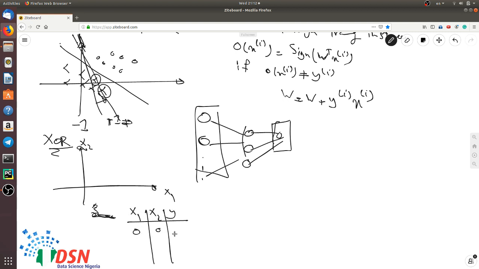If we have 0, 0, the output is 0; 0, 1, the output is 1; 1, 0, the output is 1; and 1, 1, the output is 0. So in here we have 0, in here we have 0, and in here we have 1 and 1. If you look at this data, you could not separate those with just one line. So the perceptron does not converge in this case, which is a really simple and famous example. This is the XOR problem.